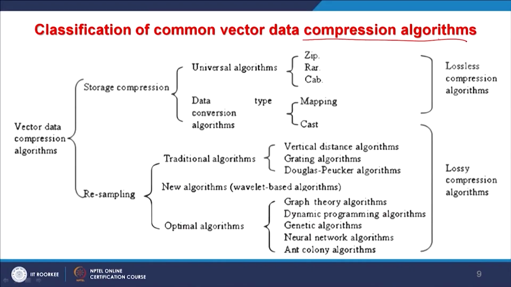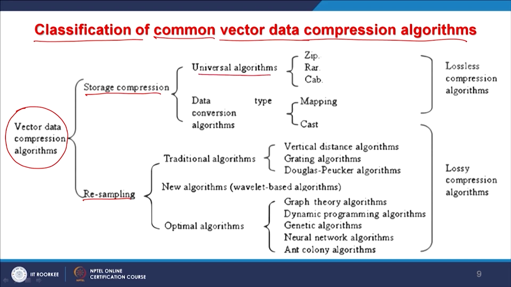Now, for vector data compression, so far the algorithms which are available, this is the classification of that. Vector data compression algorithms either target storage compression or resampling techniques, and that also belongs to the generalization kind of thing. So, there is a universal algorithm, and this one you already know about.